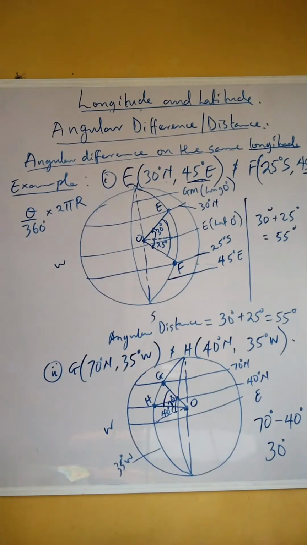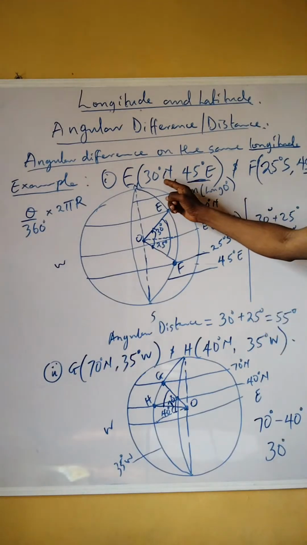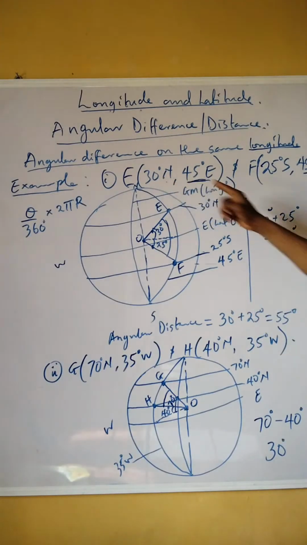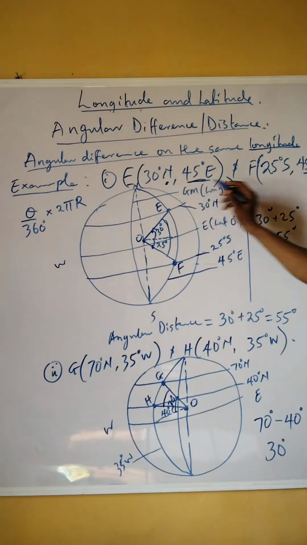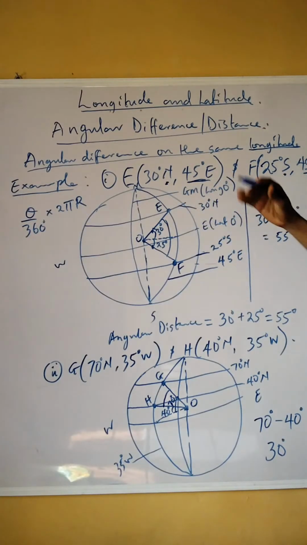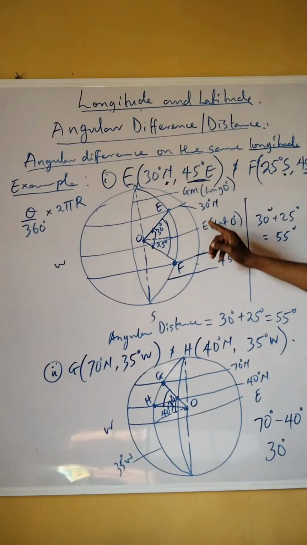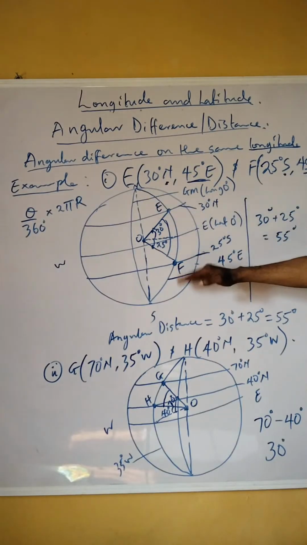Yeah, we have both of them lie on the same longitude. So what will determine the angular difference here now is the latitude, which is 30 degrees north and 25 degrees south. But here something is important. Here we have north and here we have south. That's a different direction. One is on the north and one is on the south.